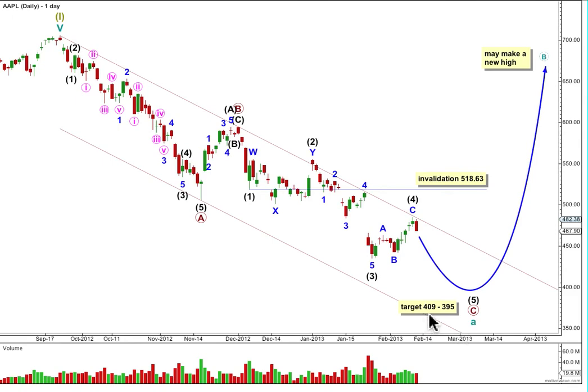My target for that is 409, where intermediate wave 5, beginning here, would reach equality in length with intermediate wave 1, to 395, where primary wave C in its entirety would reach equality in length with primary wave A. And I favour the lower edge of this target because there's already a nice ratio between waves 1 and 3 at intermediate degree, so we may not see a ratio for the 5th wave and either the 1st or 3rd.